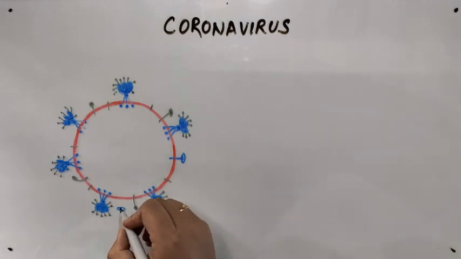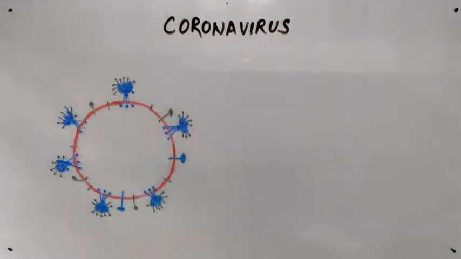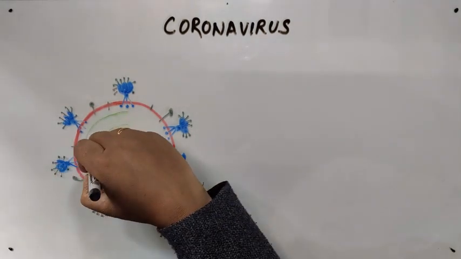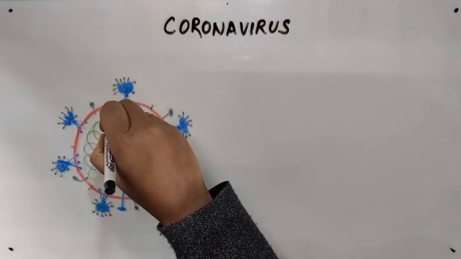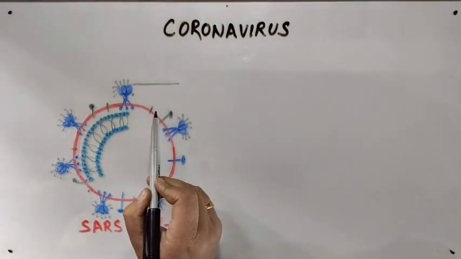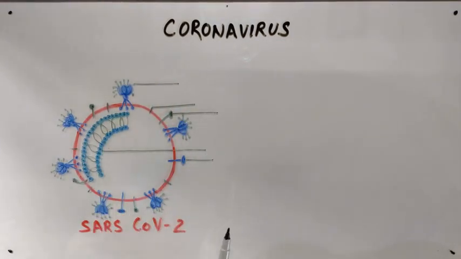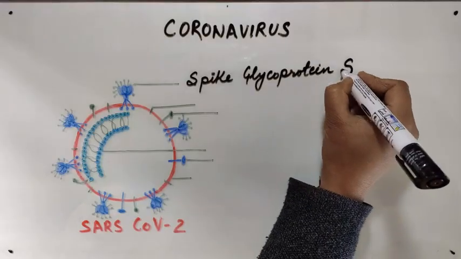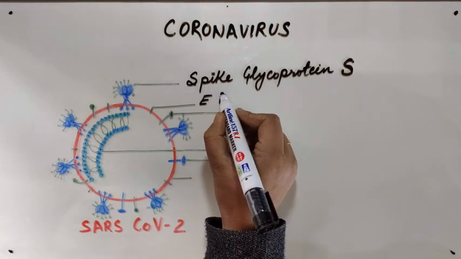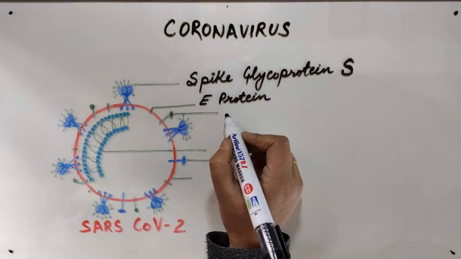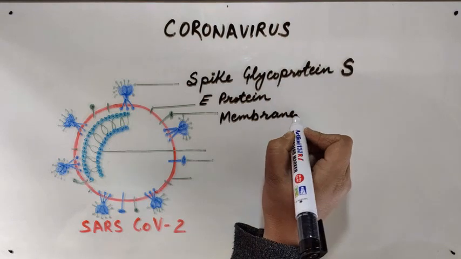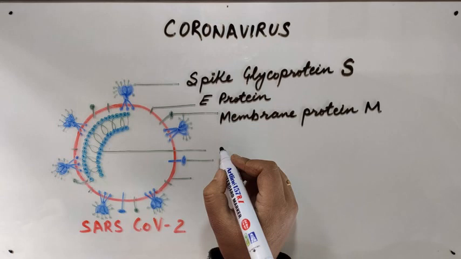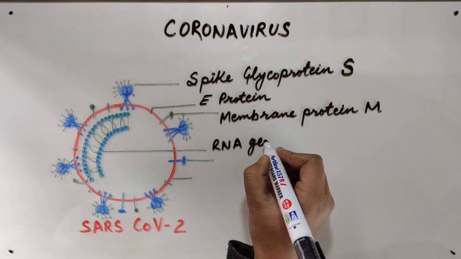Now I am making hemagglutinin esterase dimer, that is HE. This is the viral RNA genome and N protein. Let us label it. This is spike glycoprotein S, E protein, membrane protein, RNA genome and N protein.